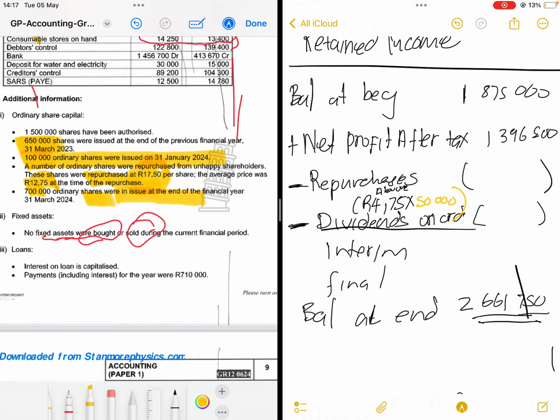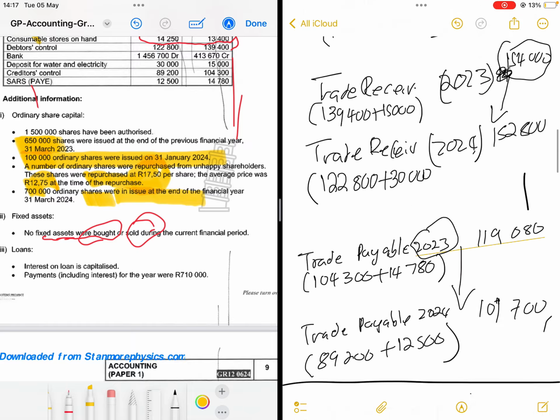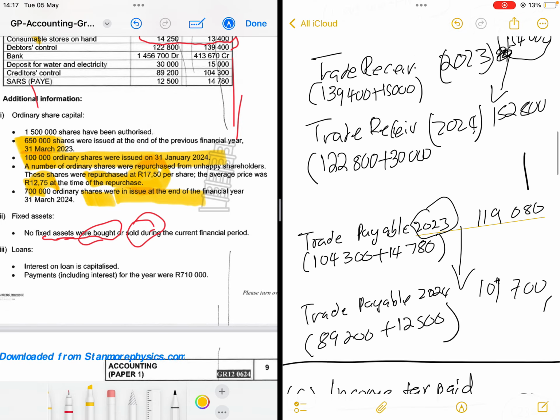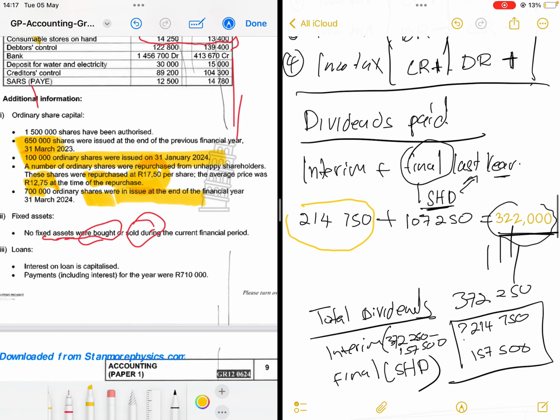Now you're going to say 50,000 shares times 4 rand 75. Then you get 237,500. Now remember we got the interim from the dividends paid on our formula. The interim was 214,750.